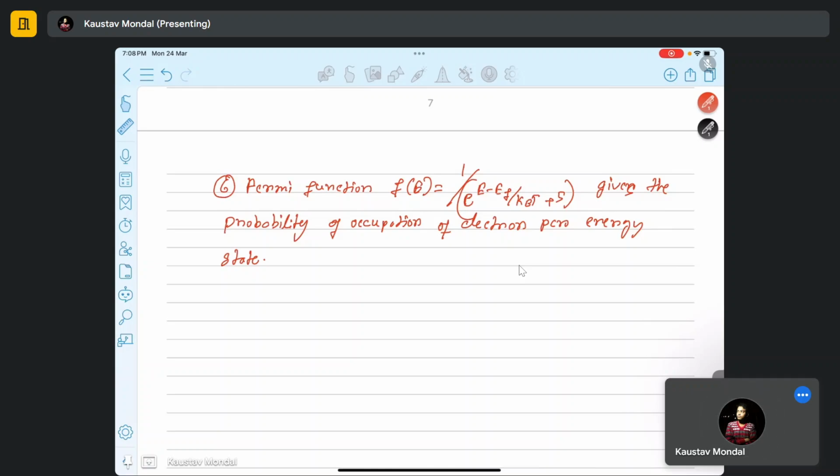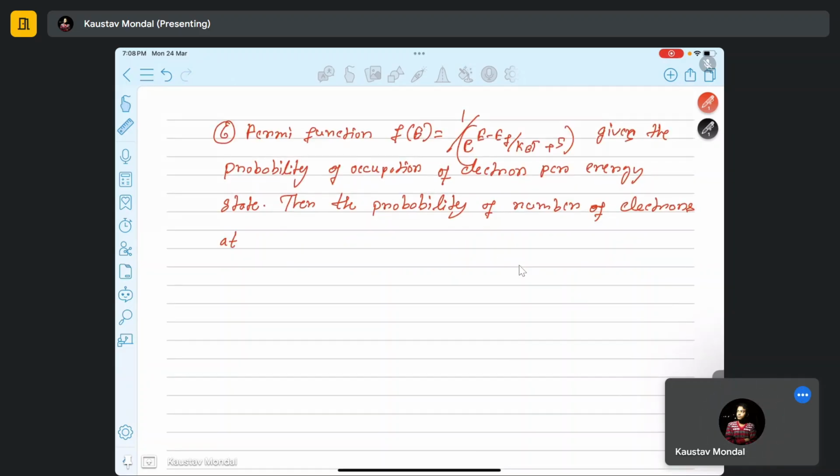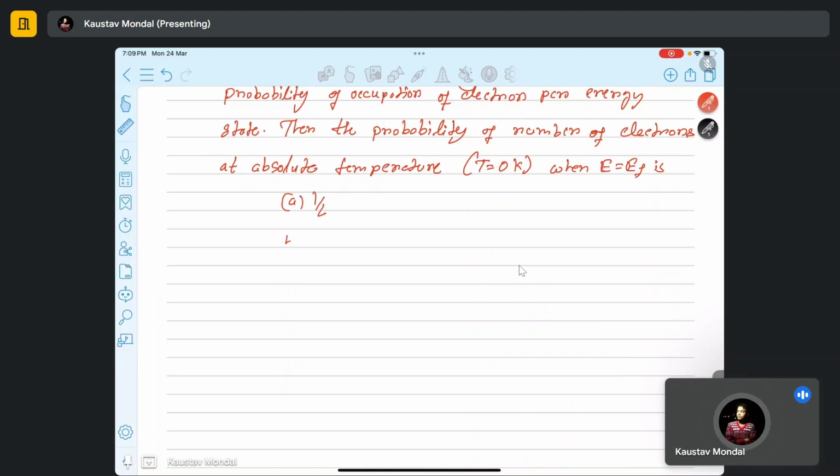Then the probability of number of electrons at absolute temperature T equal to 0 Kelvin when E equal to EF is: option A is half, option B is 1, option C is 0, and option D is 1 by 6.